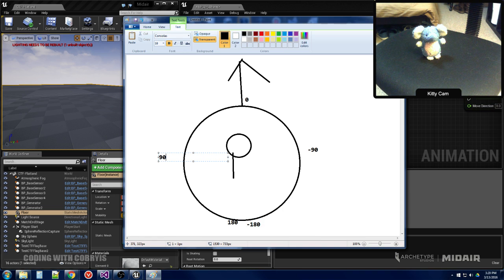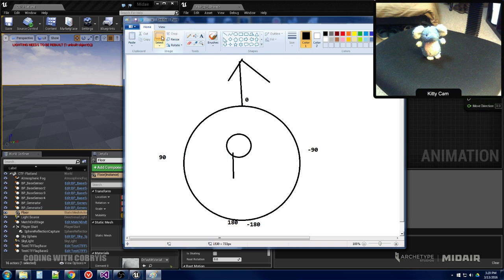And over here is 90. Alright, so this is all relative to this up arrow right here. This, your velocity, what direction you're moving and what direction you're looking.